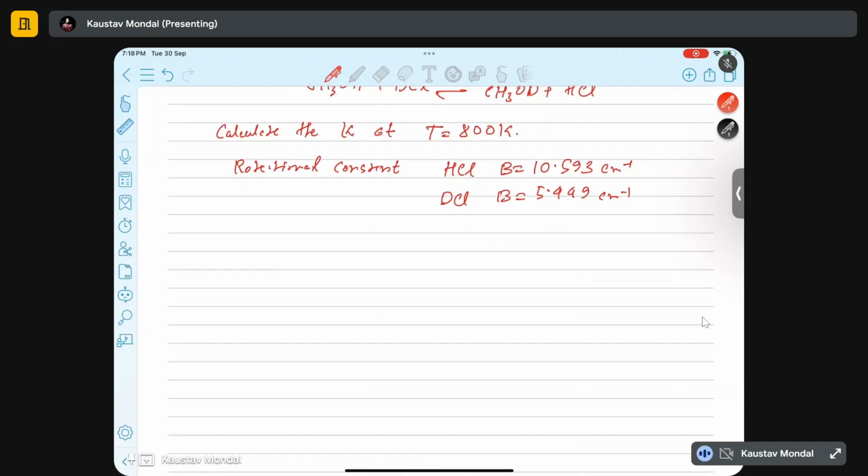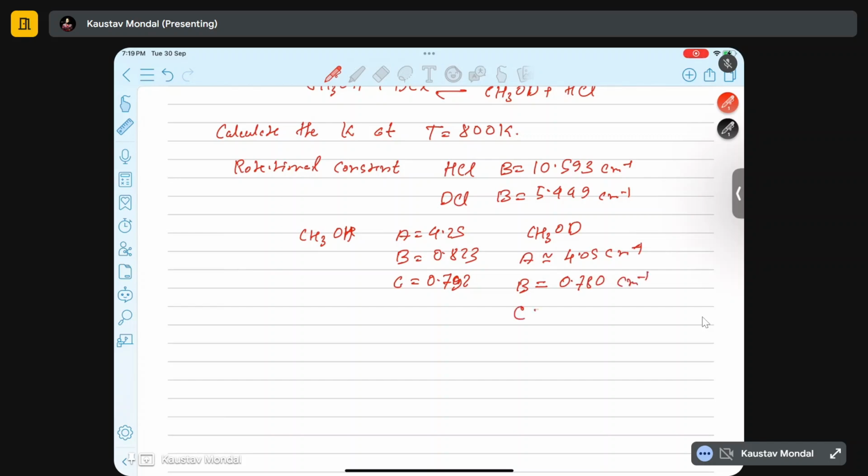For CH3OH, the A equal to 4.25, B equal to 0.823, C equal to 0.792. For CH3OD, the A equal to 4.05, these are all centimeter inverse, right? B equal to 0.780 centimeter inverse. C equal to 0.745 centimeter inverse. Okay.